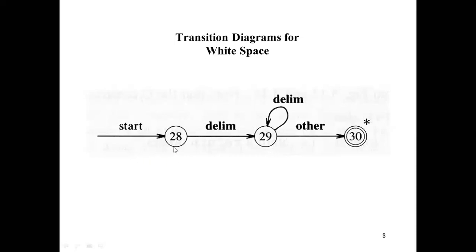So you start with 28 here. You have to remember all these. Do practice drawing the transition diagram for the white space, for the delimiter, or, we can say, for the number of relational operators. Now the delimiter we will start.